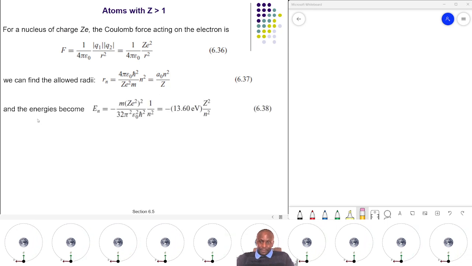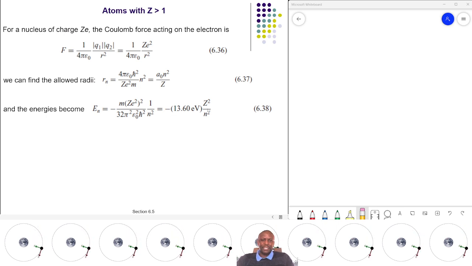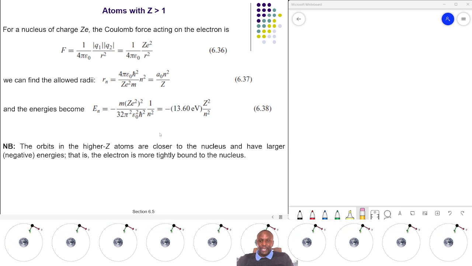For the energies, these are just going to become the stationary states. Wherever you see e squared, you just multiply by Z squared for simplicity. So this is what you are going to have, where this is nothing else but E naught. So that's for the energies.